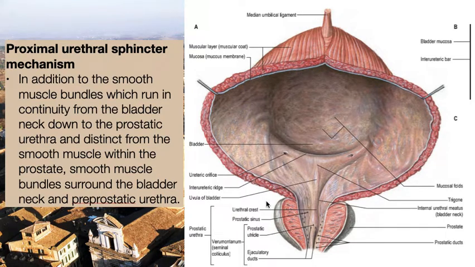Right, so in addition to the smooth muscle bundles which are running in continuity from the bladder neck down to the prostatic urethra, there are some distinct smooth muscle cells within the prostate, and this is surrounding the bladder neck and the preprostatic urethra.